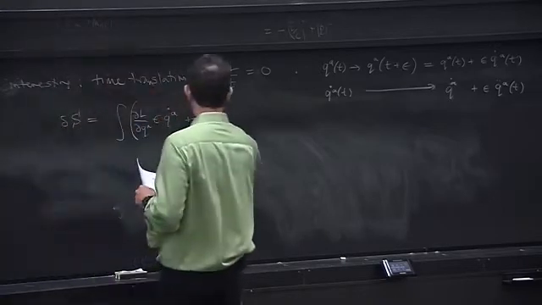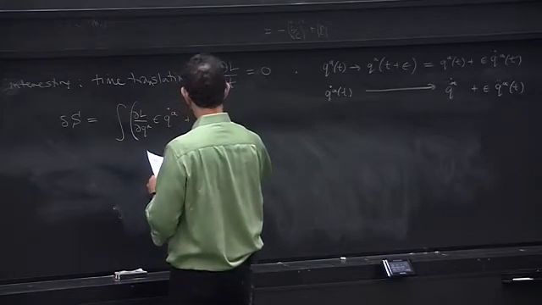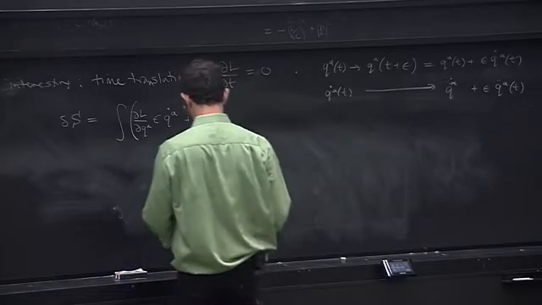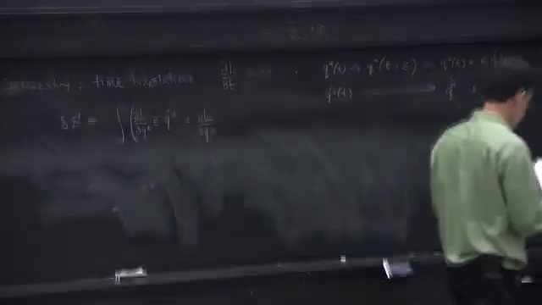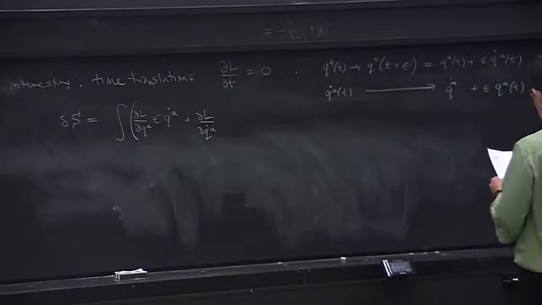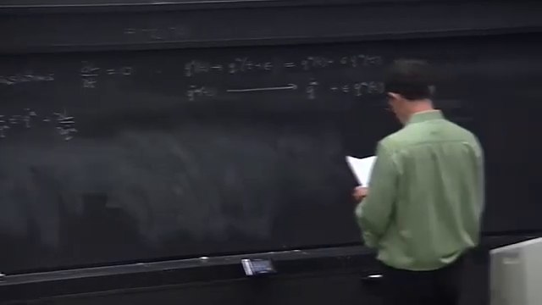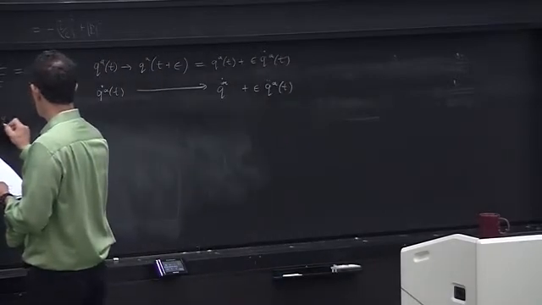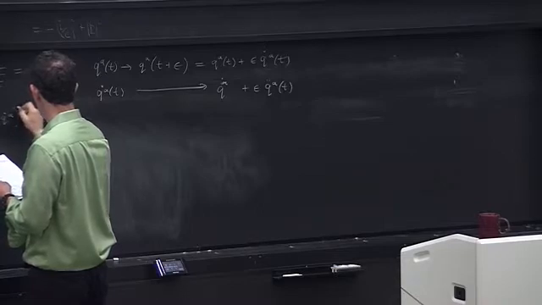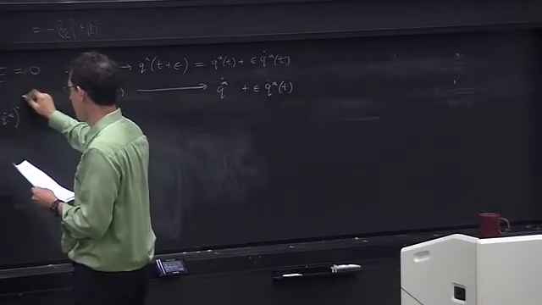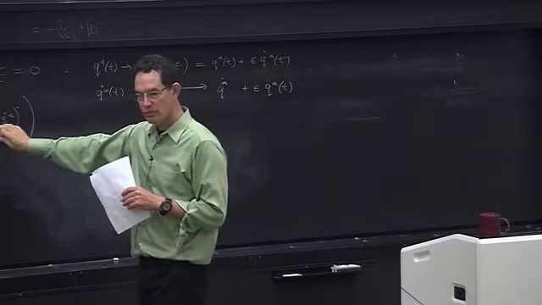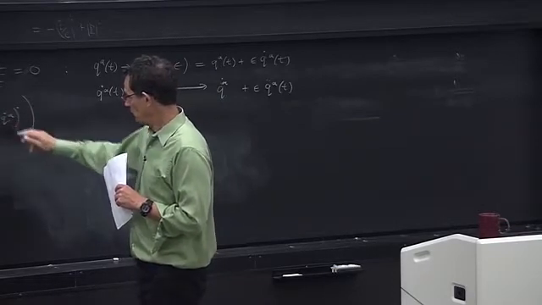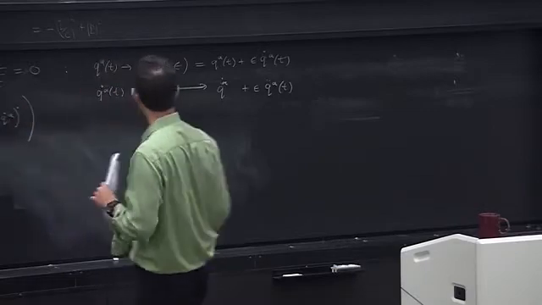But the Lagrangian also depends on dL/dq dot, and this will give us epsilon q_a double dot. So the variation of q dot is epsilon q_a dot, sorry, the variation of q dotted.